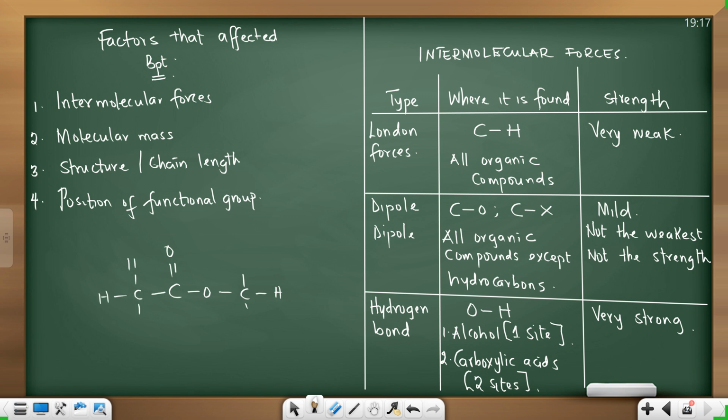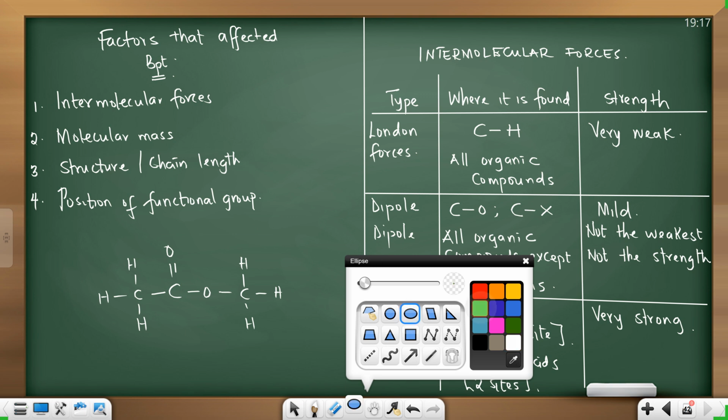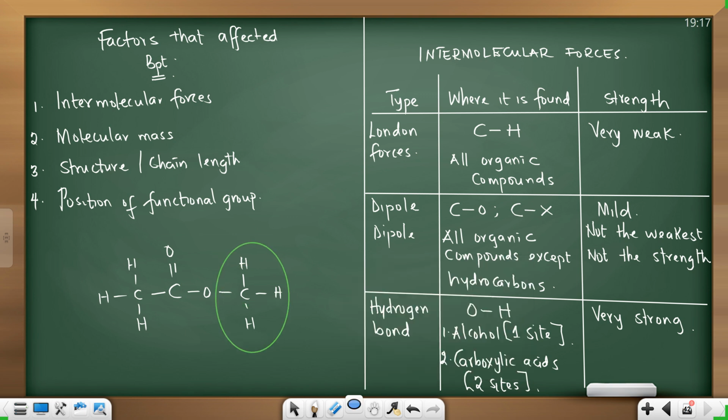So what do you see? What are you going to have here? We are going to have London forces. Hold on. London forces.